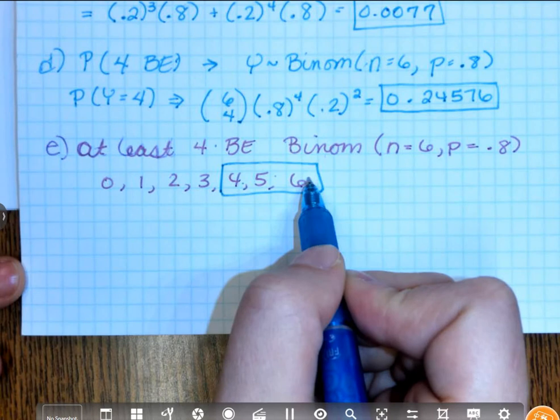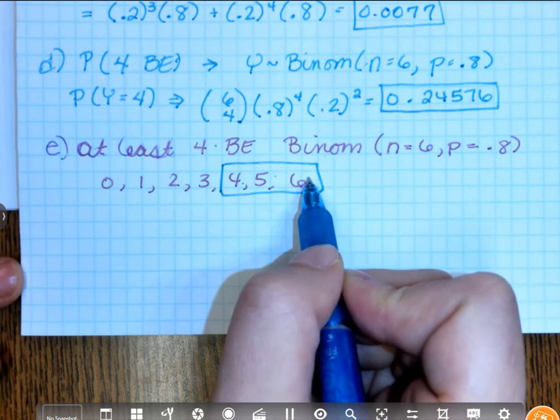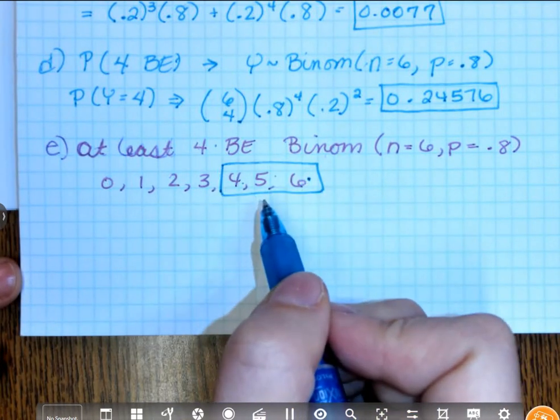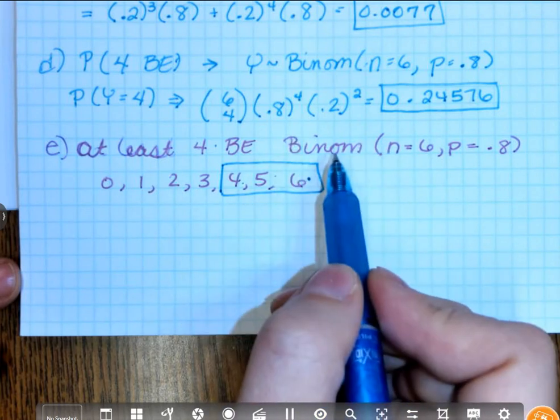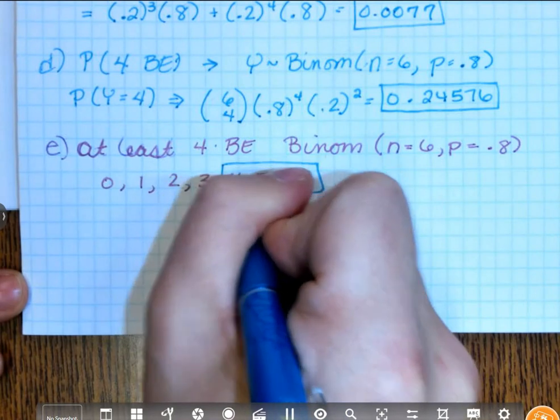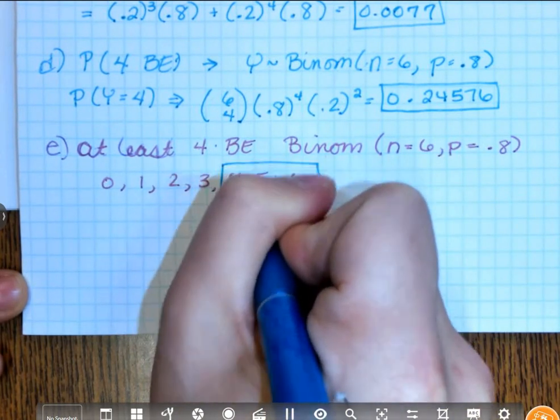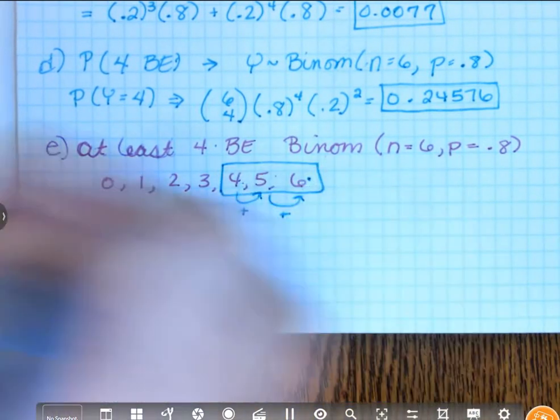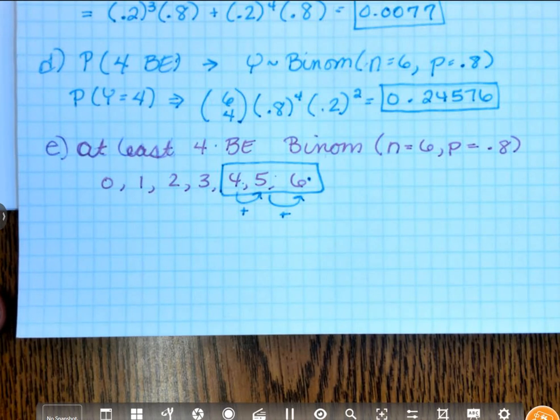Total number of successes. That's why we're doing binomial here. Now, you can either think of it as binomial this guy plus this guy plus this guy. Or would you rather be able to do it just once?